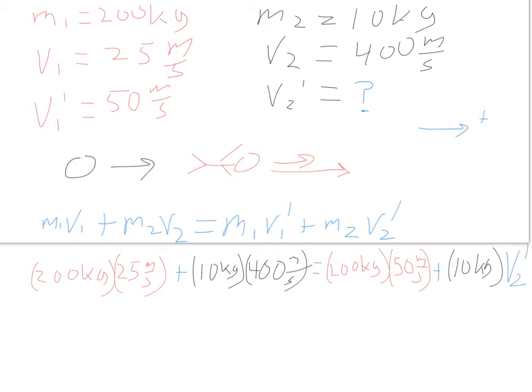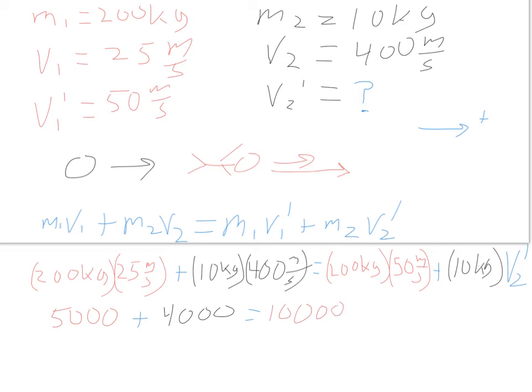From here, all we need to do is a little math. 200 times 25 is 5,000, plus 10 times 400, that is 4,000. Then afterwards, we've got 200 times 50, that's 10,000. You can see there, radioactive man's momentum increases.